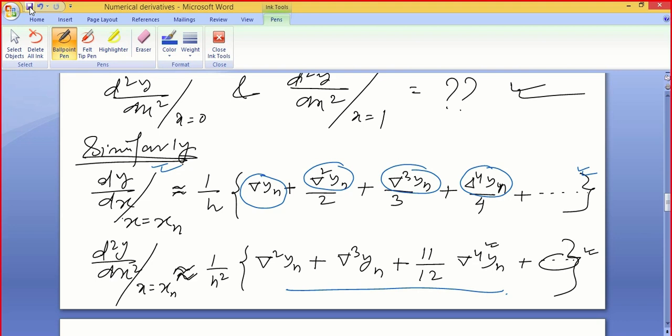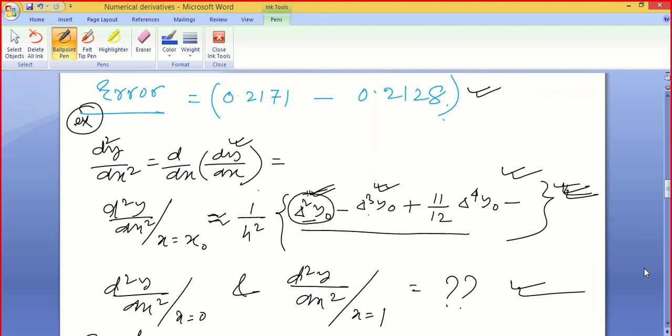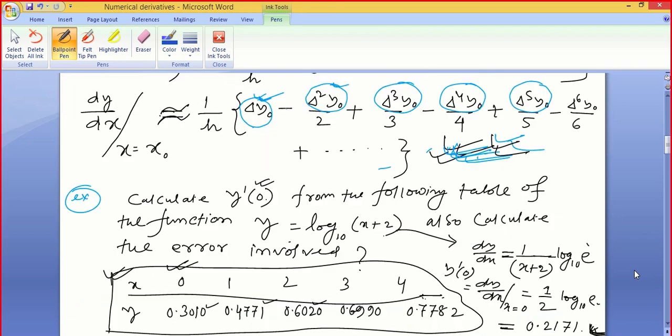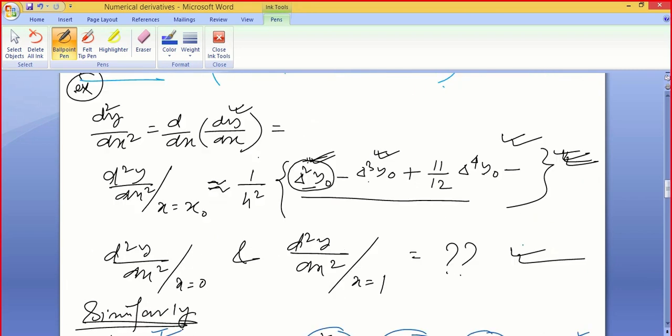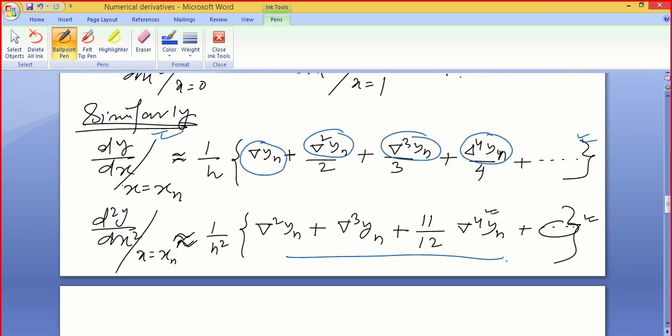Try to calculate everything and try to remember these 4 formulas which I told you today. Can you remember these things? Yes, sir.